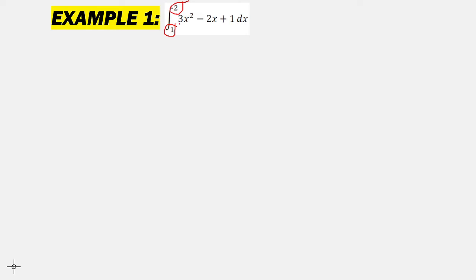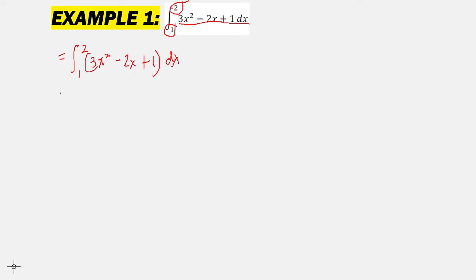The first step that we need to do here is to integrate 3x squared minus 2x plus 1 first. So let's do that, from 1 to 2, plus 1 dx. So how do we integrate this one?